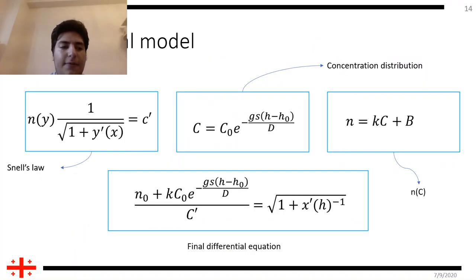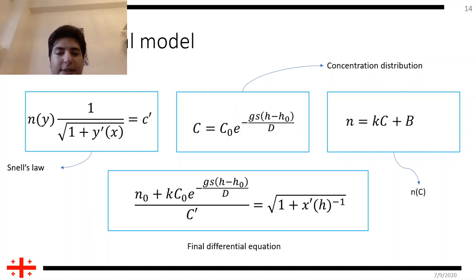After we have all these three equations, the first one is just Snell's law where we have the coordinates. The second one is the concentration distribution by height. And the third one is the linear dependence between the refraction coefficient and the concentration.